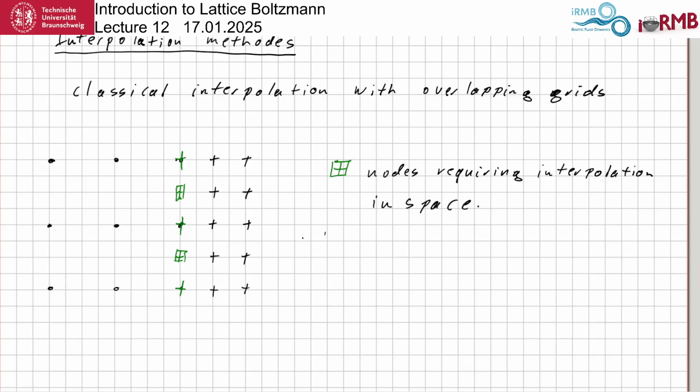By the way, one thing that you always have to remember, due to this delta t coarse is twice delta t fine, you also have to have a temporal interpolation on these grids.